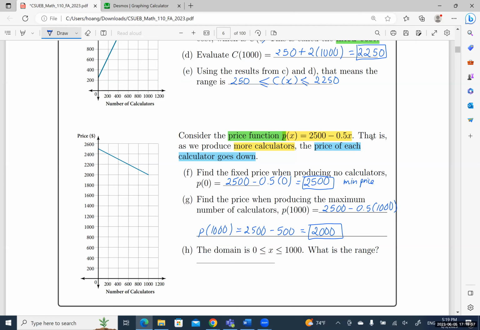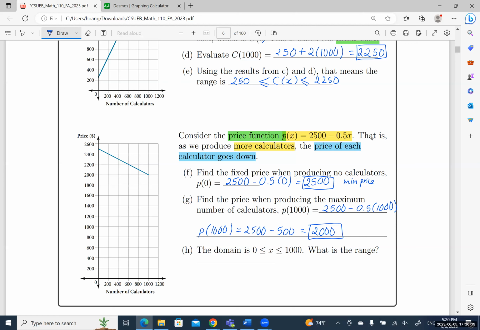No, actually, this is the minimum price when you produce 1,000 calculators.